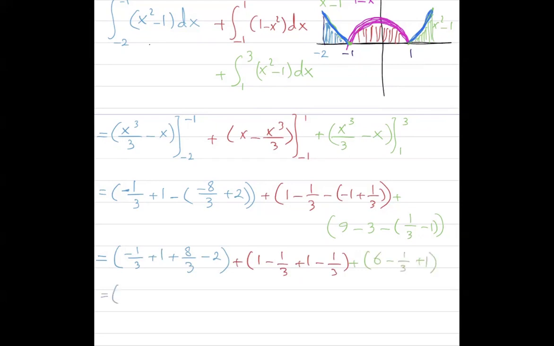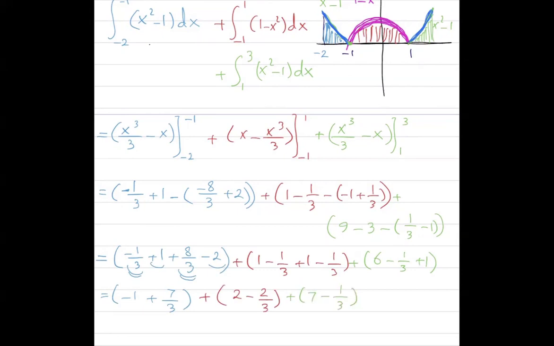If you combine these two, you get -1. If you combine these two, you get 7 divided by 3, plus, so you have 2 minus 2/3, and this guy can be written as 7 minus a third.